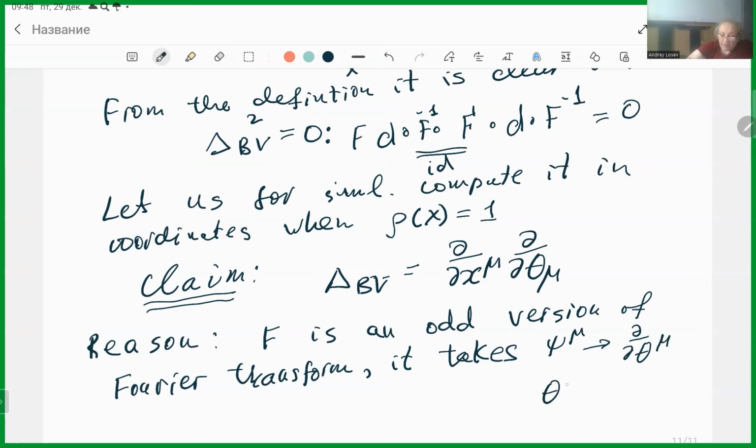And correspondingly, I'm sorry, misprint.